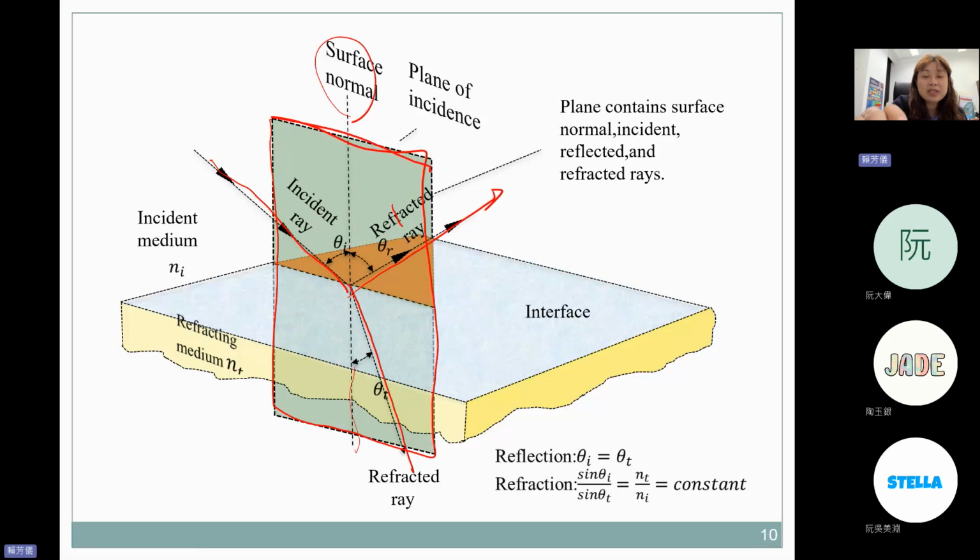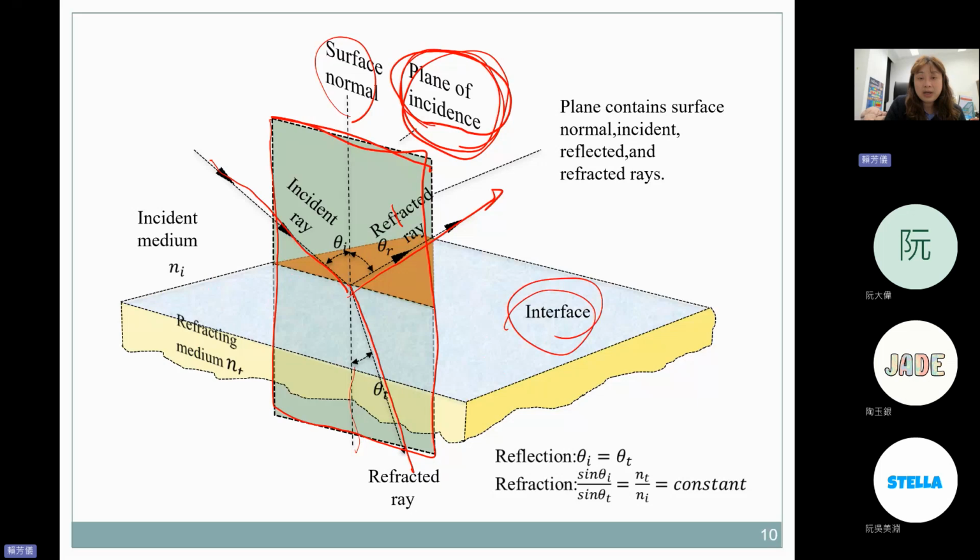This plane is what we call the plane of incidence. So the incident ray, the reflected ray, and the surface normal all exist in the plane of incidence. And where is the plane of incidence? The plane of incidence is vertical to the interface.